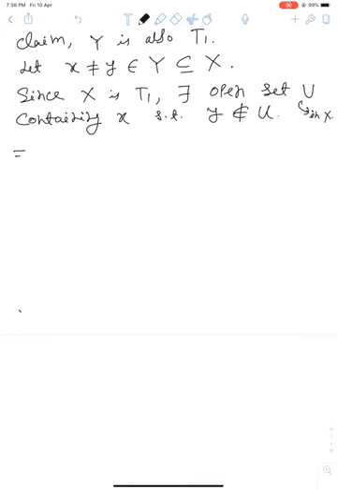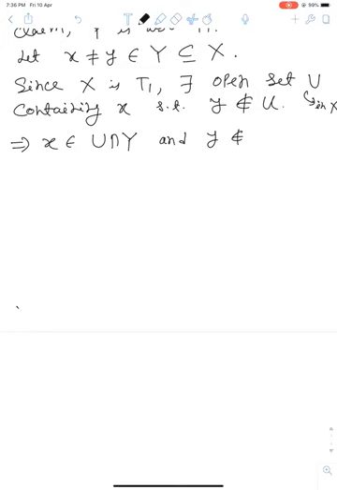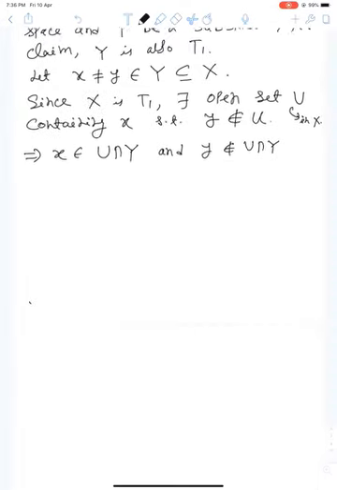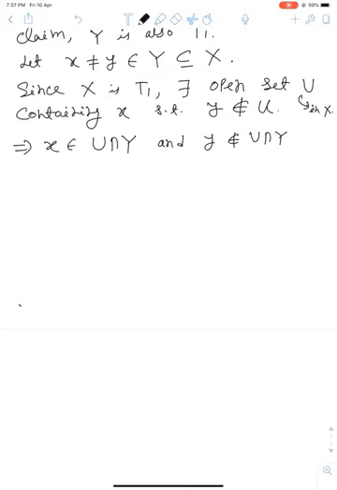Now that implies x belongs to U intersection Y. Why? Because x belongs to U as well as x belongs to Y. Therefore, x belongs to U intersection Y. And you can say that y does not belong to U intersection Y. Why?